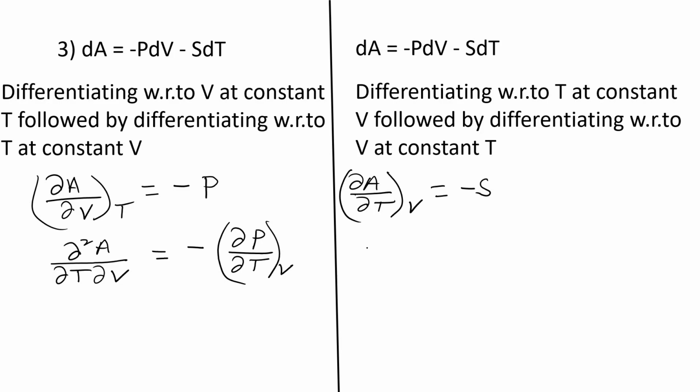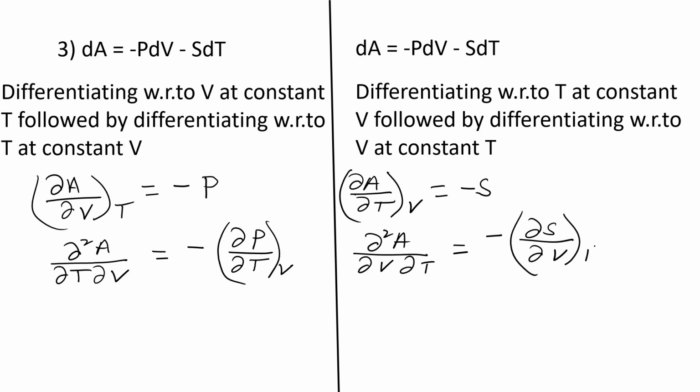So once again you have to differentiate the reverse way. So now it is with respect to volume at constant temperature. So ∂²A/∂V∂T is equal to minus ∂S/∂V at constant temperature.